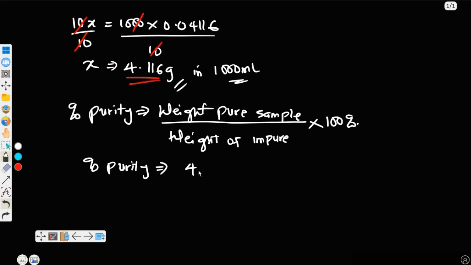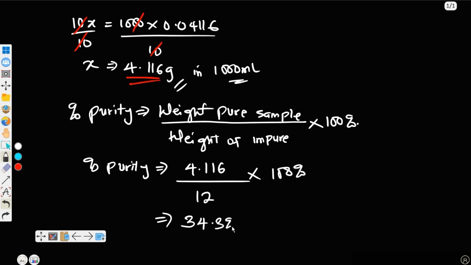So you say weight of pure, 4.116, divided by weight of impure, 12, times 100%. Are you getting it now? At the end of the day, you have 4.116 divided by 12 times 100%, which is 34.3%, weight by weight.